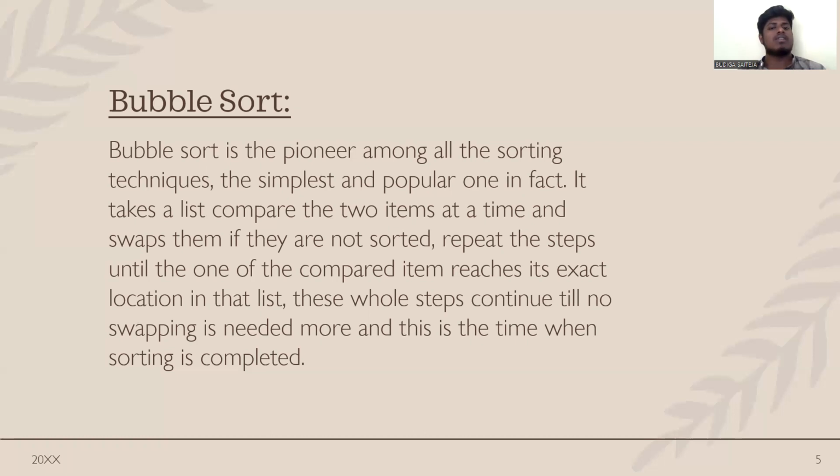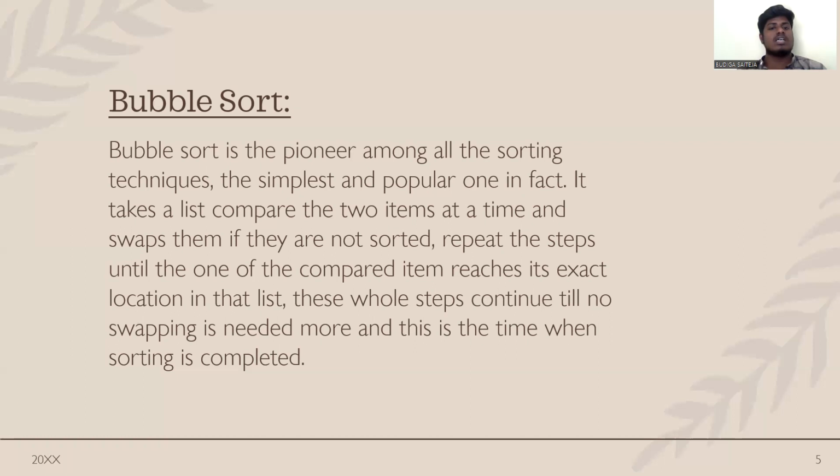If the numbers are in disorder, it will swap them, and if they are not sorted, it repeats the steps until one of the compared items reaches its exact location. First of all, it will take the first value and compare it to the rest of the values in the list.